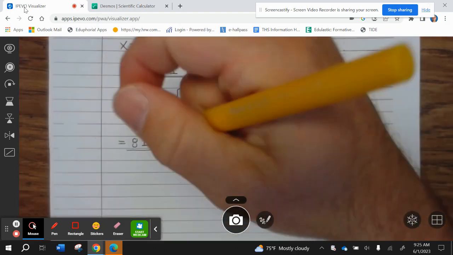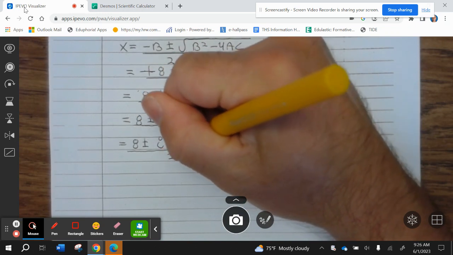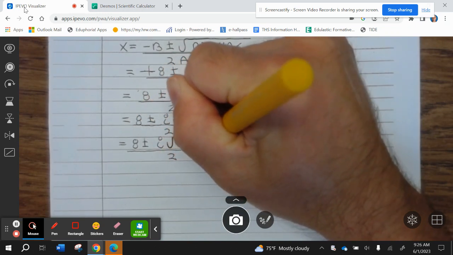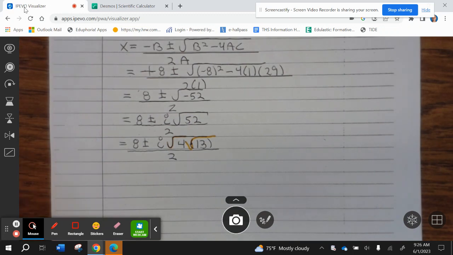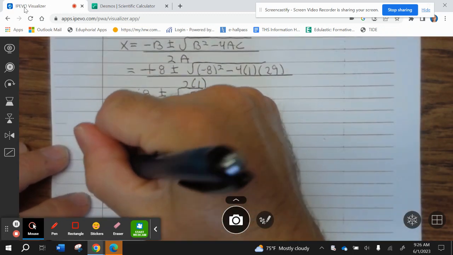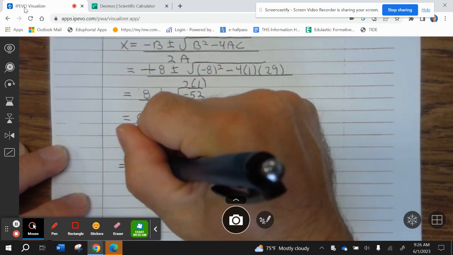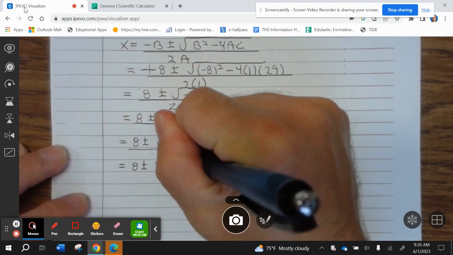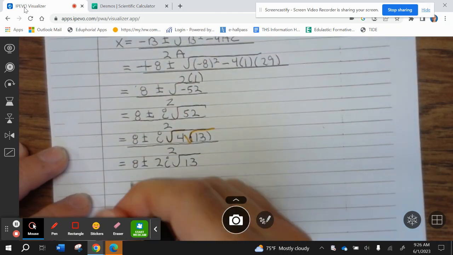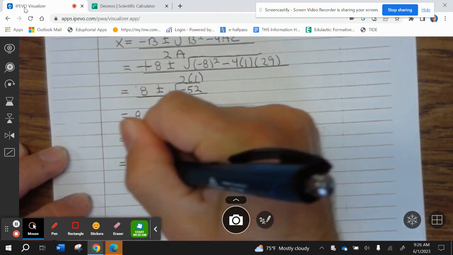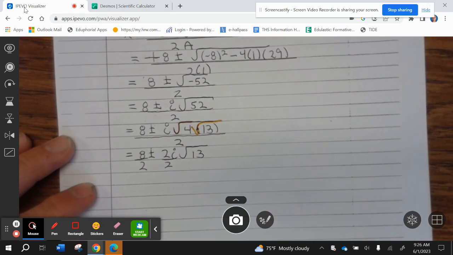Now, we can take the square root separately. So square root of 4 and the square root of 13. So that equals 8 plus or minus, the square root of 4 is 2, so that's 2i square root of 13. And then I can divide each of these by 2.